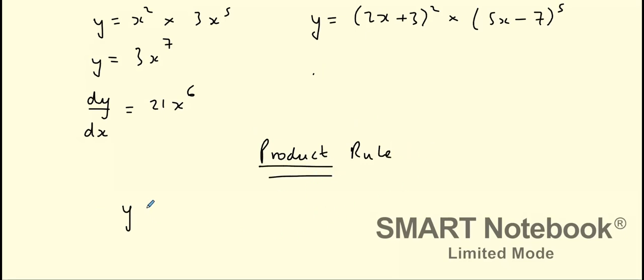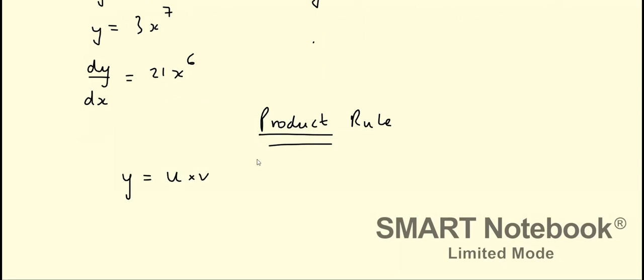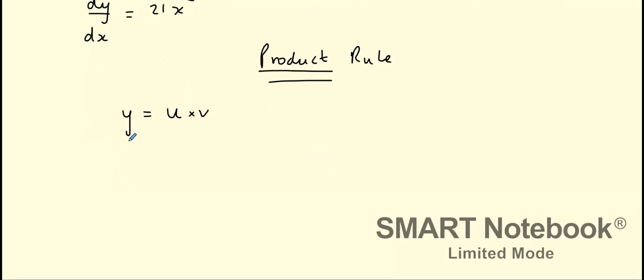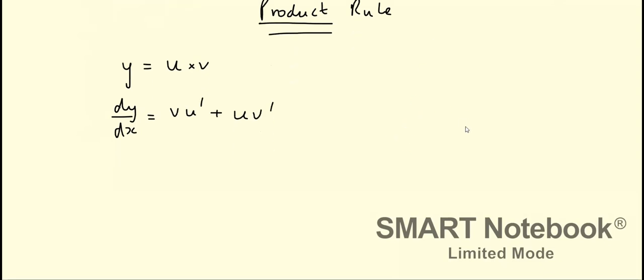Okay, so if we're of the form y equals u times by v, if we think about that, dy by dx is vu dash plus uv dash. And I'm going to explain this to you using the example that I just worked with.